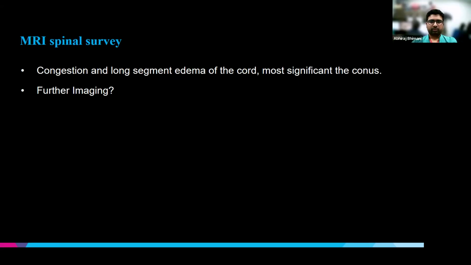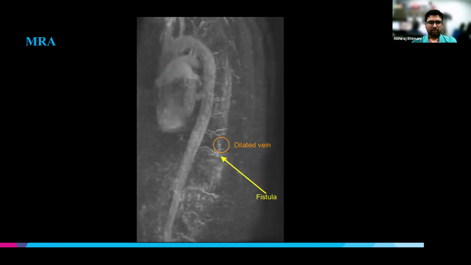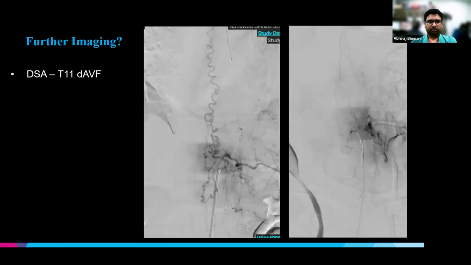Excellent. Awesome. So we ended up getting an MRA on this patient. It can sometimes be hard to interpret, so we have labeled it here. There's a dilated vein here, and there is a fistula here where the arrow is. So there is a concern for spinal dural AV fistula. And like she mentioned, furthermore, the patient underwent a diagnostic angiogram that showed a dural AV fistula at T11.